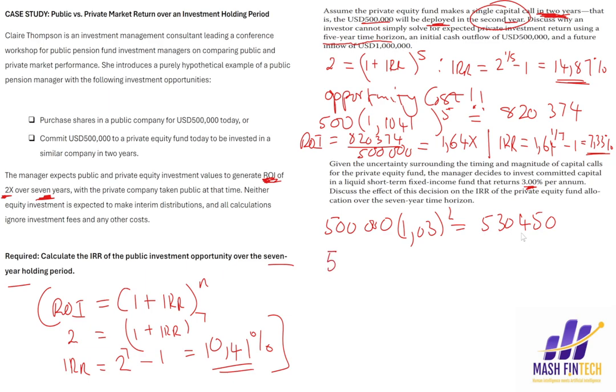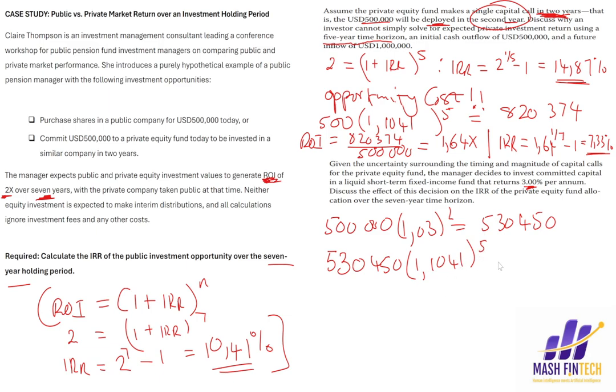It has made some money from that investment in the 2 years. Then it's deployed with this internal rate of return of 10.41%, and this is going to be done for 5 years.